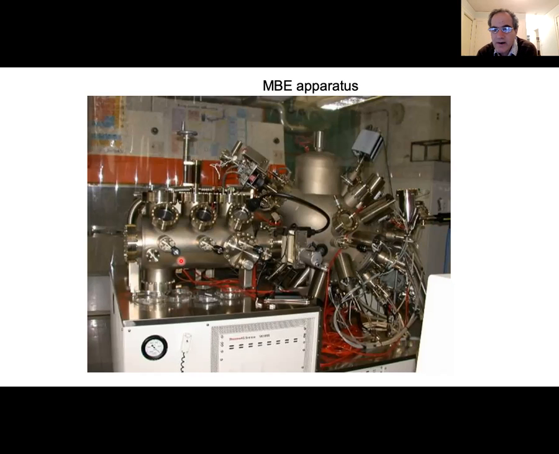And they tend to require a dedicated technician, so that's a lot of money too. So that's one thing. But the reason that they're mainly used only in research is that films end up being grown very slowly. So it would take a long time to make a thick layer or to make a lot of material, a lot of samples in a molecular beam epitaxy machine, but they're perfect for research.